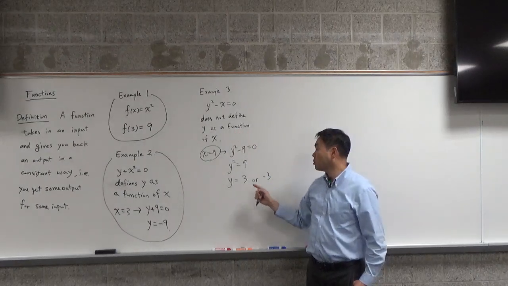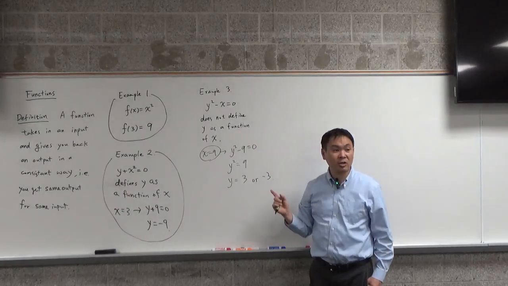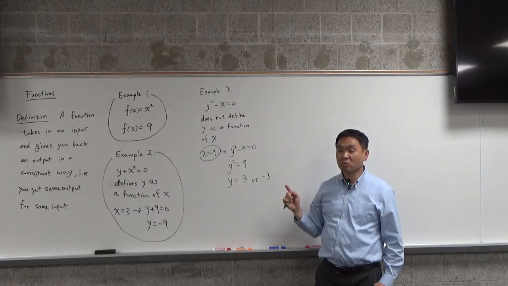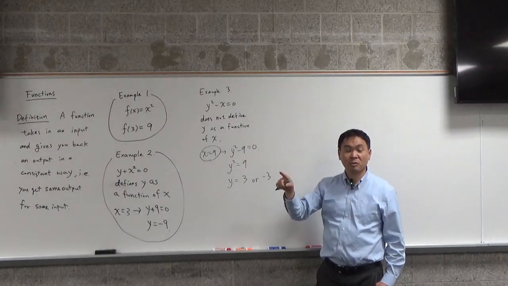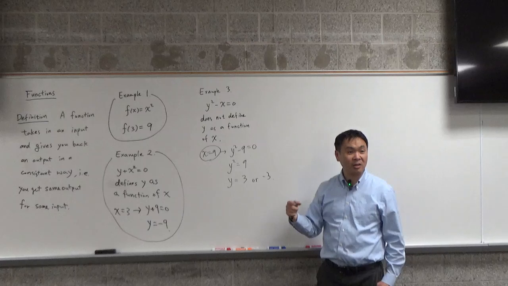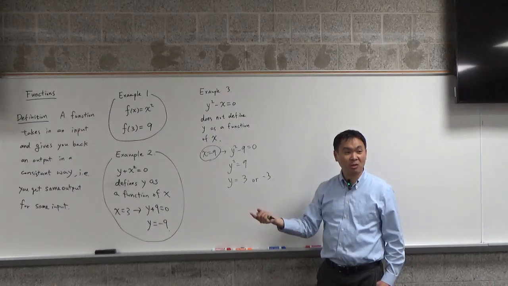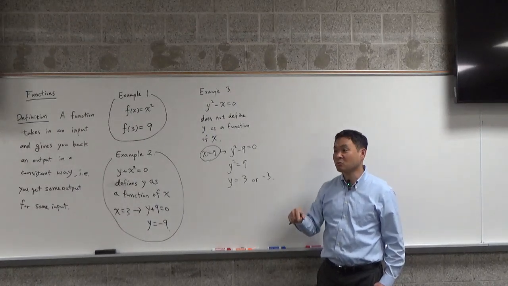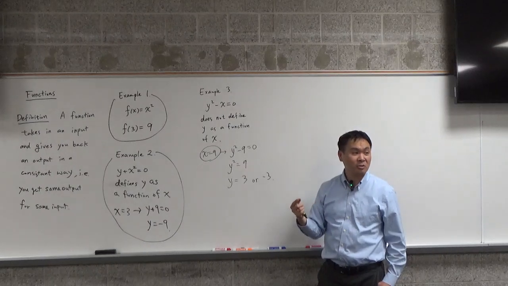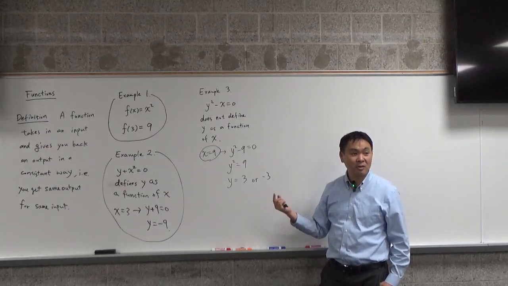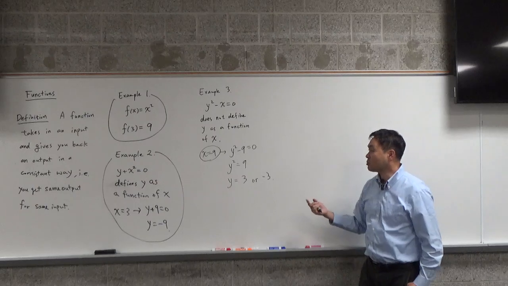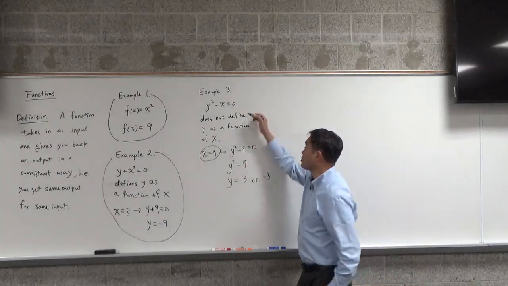So both 3 and negative 3 are possible outcomes, but functions should only give you one specific outcome repeatedly. You can't have 3 one time when you plug in 9 and negative 3 another time when you plug in 9. So that's not allowed. Alright? So that's why this is not a function.